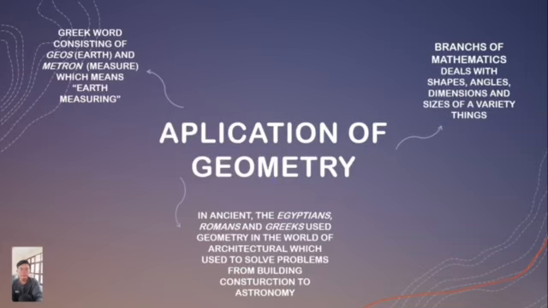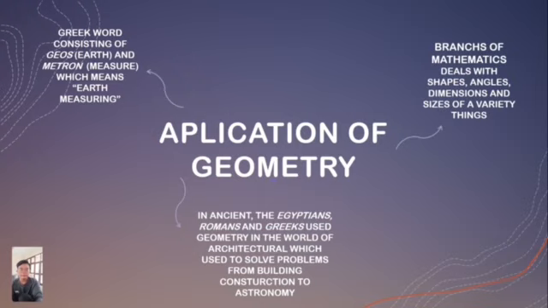Before we go to the main point of this video, did you know where the word geometry comes from? Let me tell you about it. The word geometry comes from the Greek words geos, which means earth, and metron, which means measure. That means the real meaning of geometry is earth measuring.